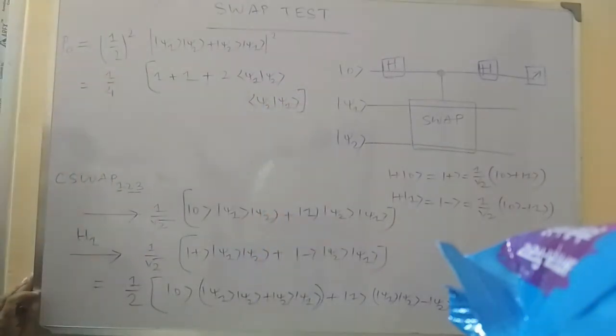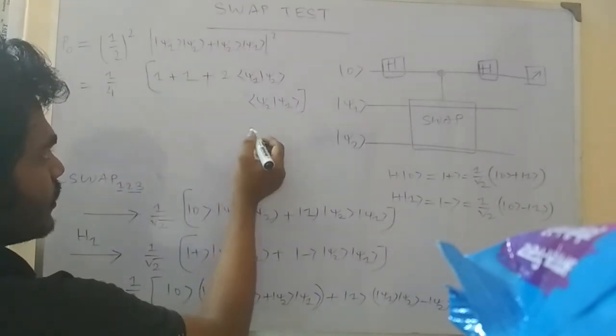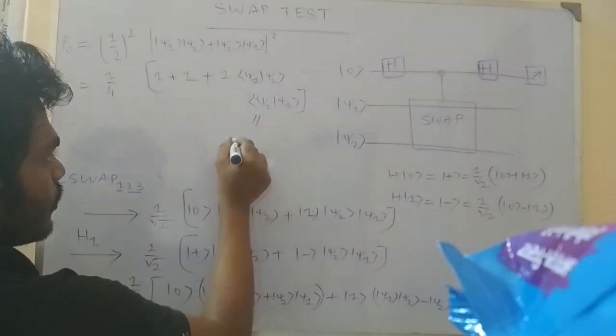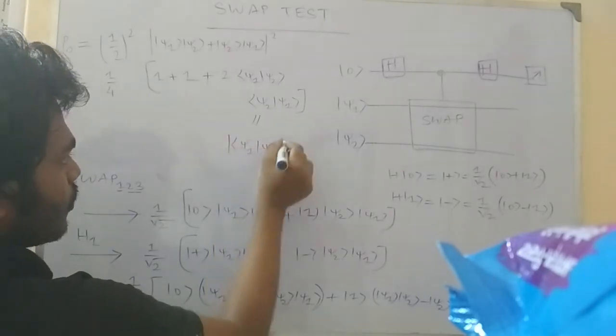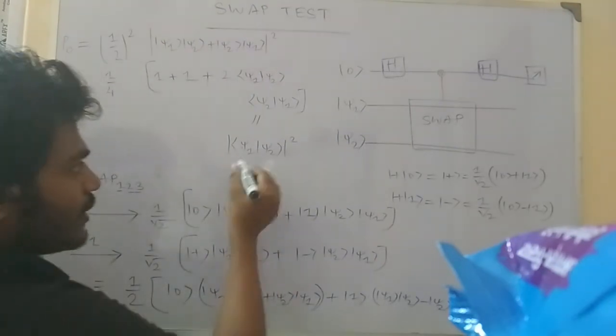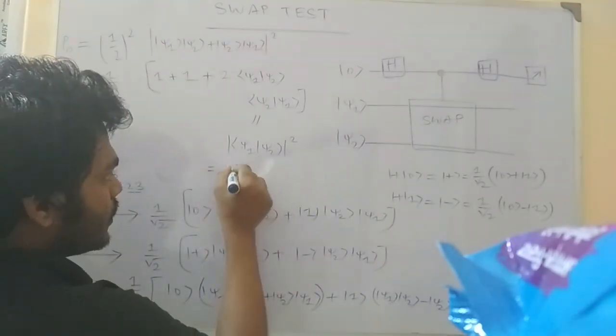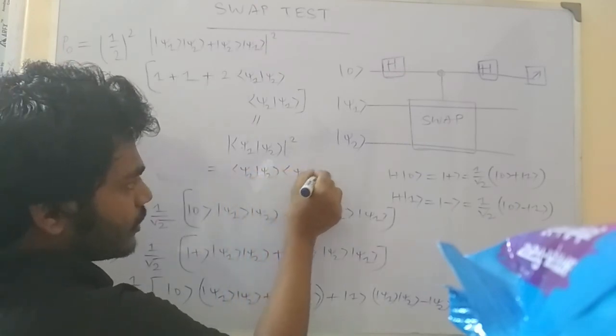Yes. So this psi 1 psi 2 then psi 2 psi 1 is nothing but psi 1 psi 2 mod square. If we expand this inner product, it is psi 1 psi 2 and psi 2 psi 1, right?